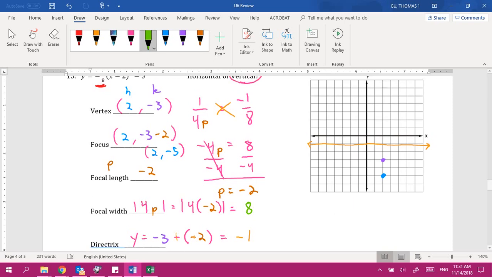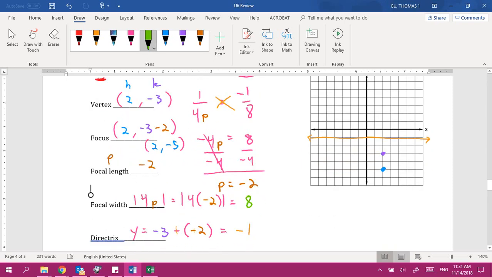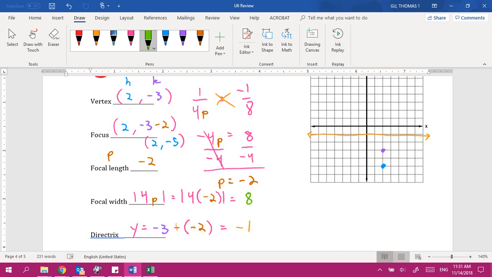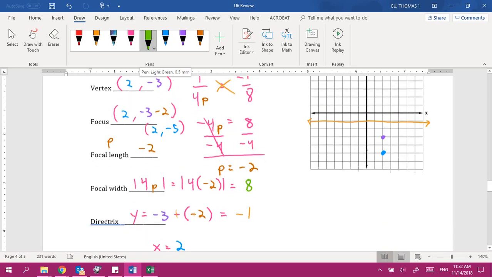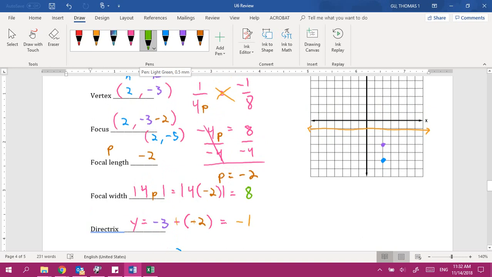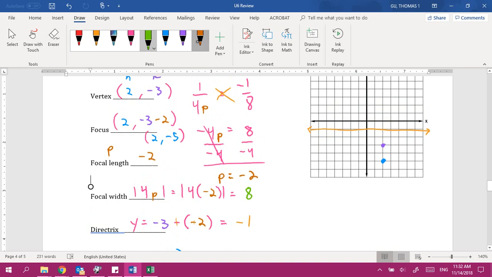No, we already graphed the focus. You're going to use the focus, but what do I do with the focus? Which one of these numbers have we not used yet? This is P right here, -2. What have we not used?